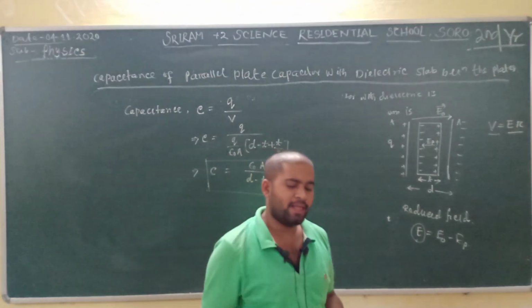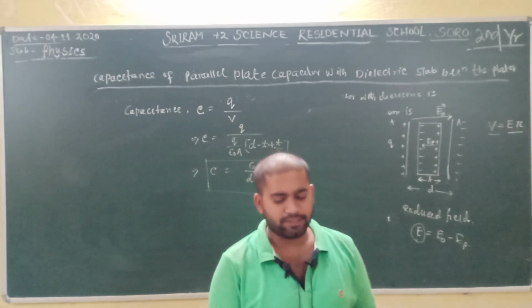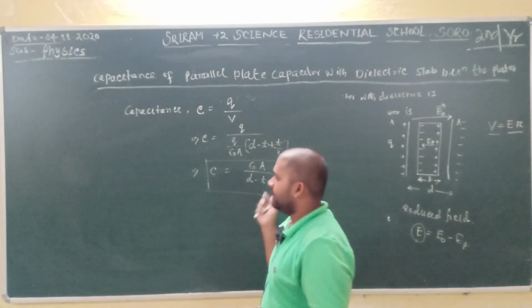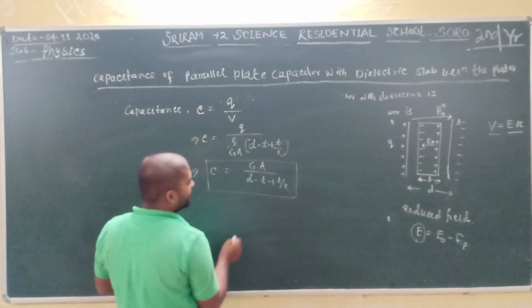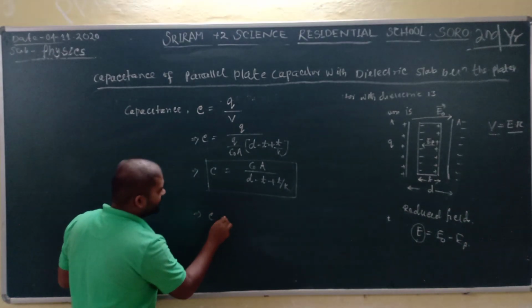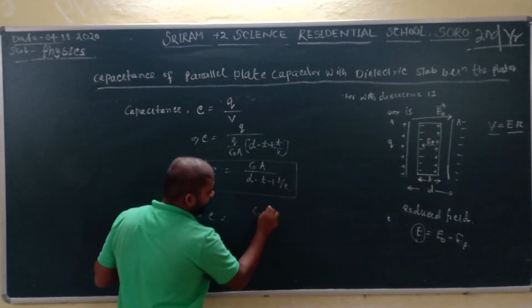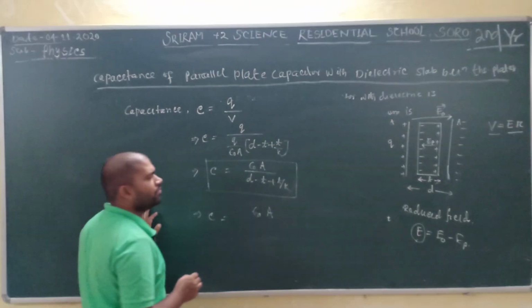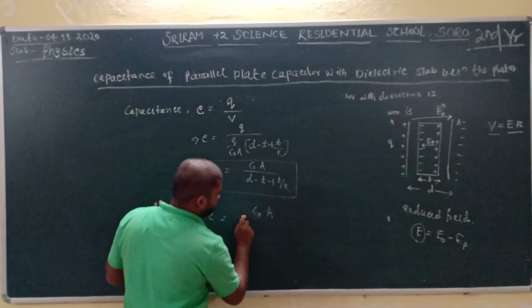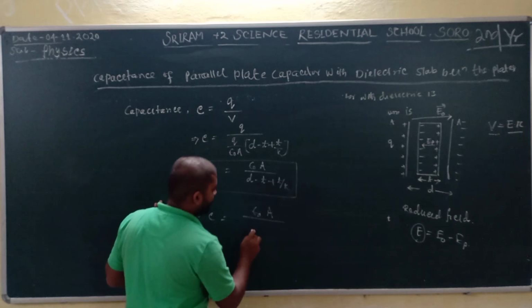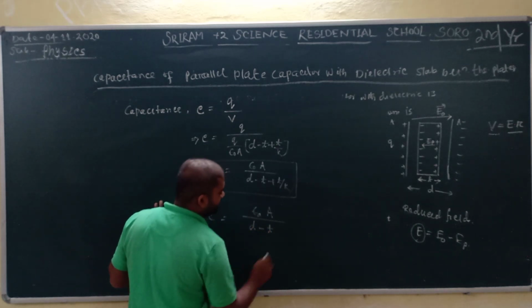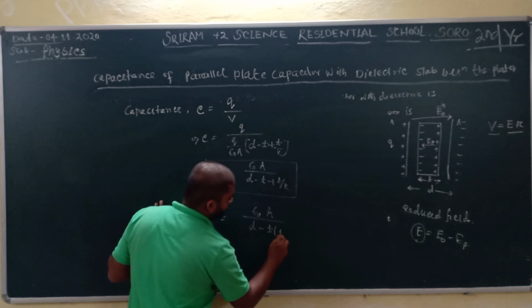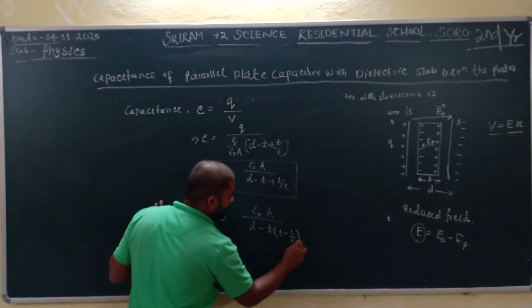So, if we take the relation, we can also reduce the expression like C equals epsilon naught A divided by D minus T, if we take a common, (1 minus 1 by K).